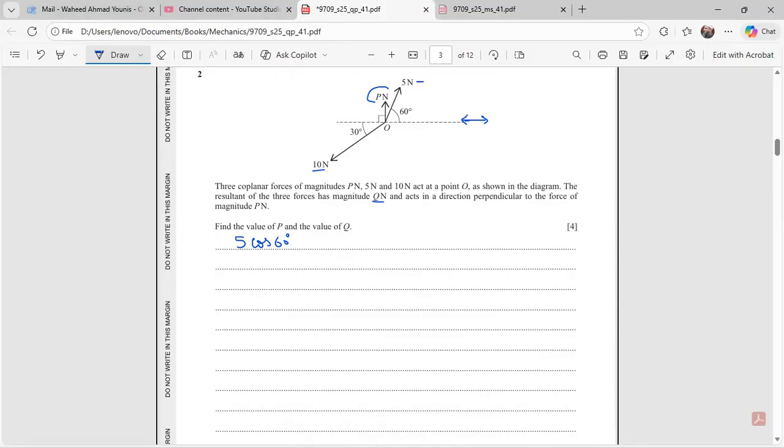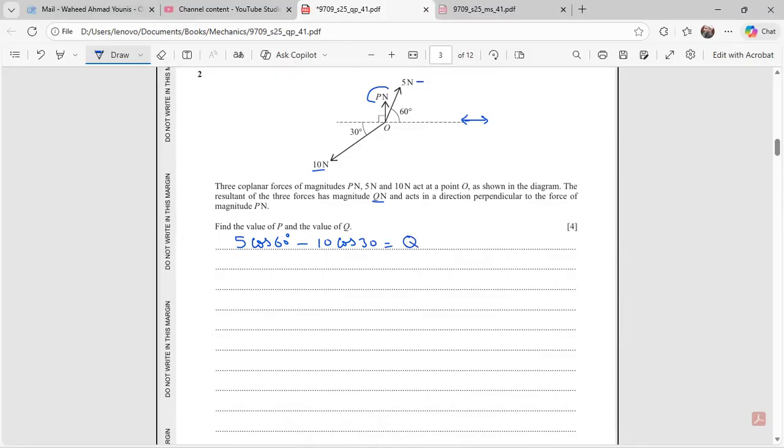This is the x component or horizontal component of this 5 Newton force. And negative, because this 10 Newton force has an x component which is in the negative direction. So negative 10 into cosine of 30 degree. Okay. And this is equal to the force Q.